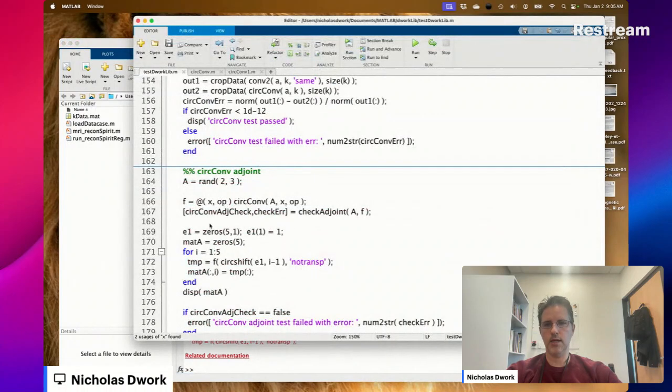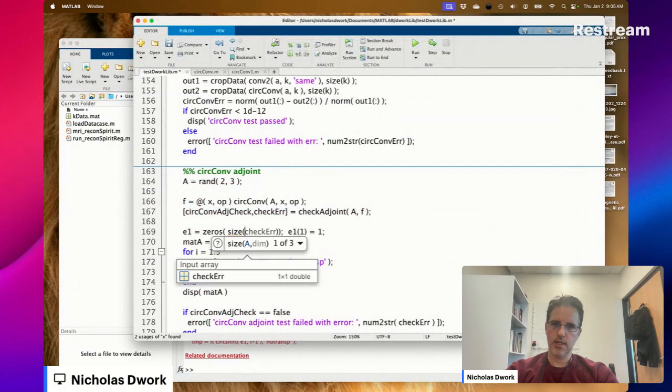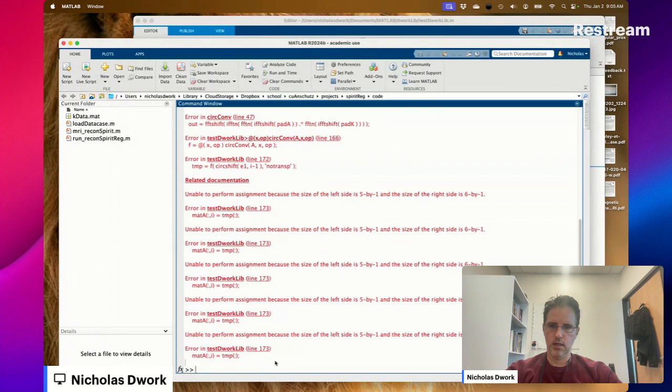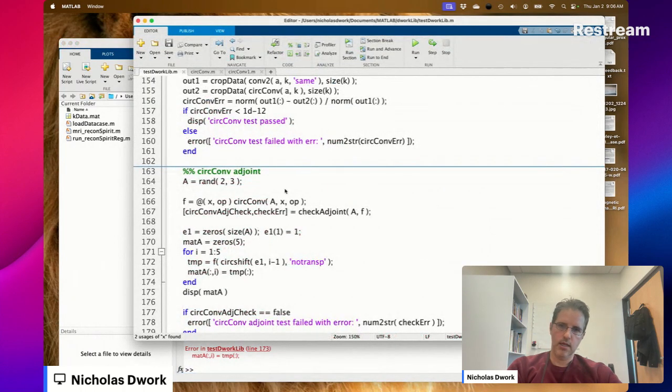Oh, right. Okay. Size A. Because the left side is 5 by 1 and the right side is 6 by 1. Why is it 6? Because 2 times 3 is 6.